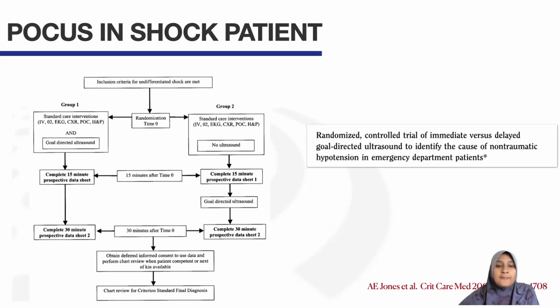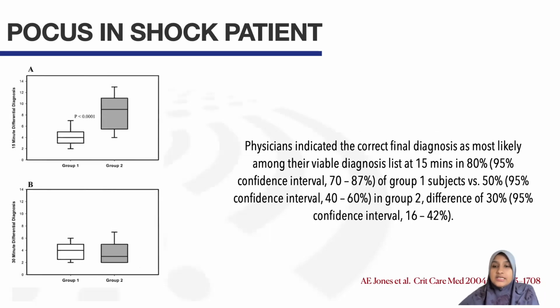What the study found was that physicians indicated the correct final diagnosis as most likely among their viable diagnosis list at 15 minutes in 80% of group 1 subjects, versus 50% in group 2. So there's a difference of about 30% between group 1 and group 2. Basically, group 1 patients will have an earlier diagnosis compared to group 2 patients.